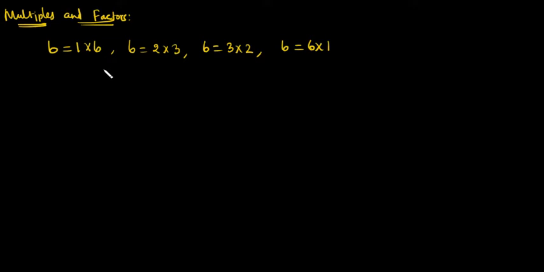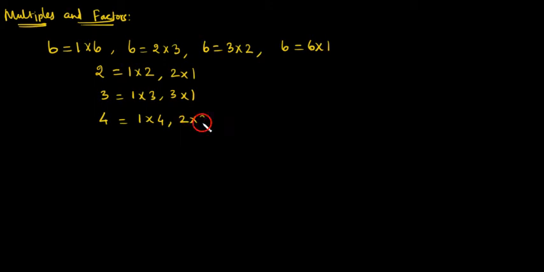So any natural number other than 1 can be written as a product of two or more numbers. For example, you can start with 2 also. 2 can be written as 1 into 2 and 2 into 1. 3 can be written as 1 into 3 and 3 into 1, and 4 can be written as 1 into 4, 2 into 2, and 4 into 1.